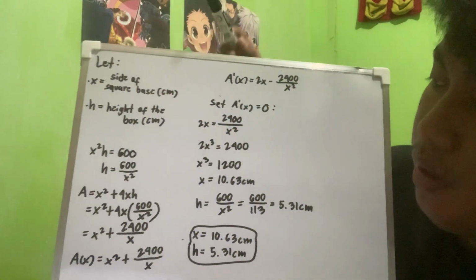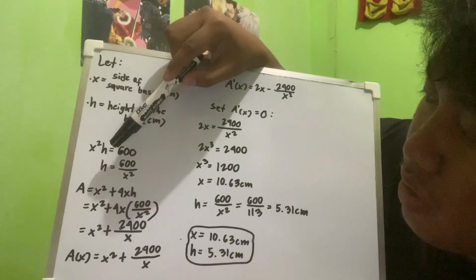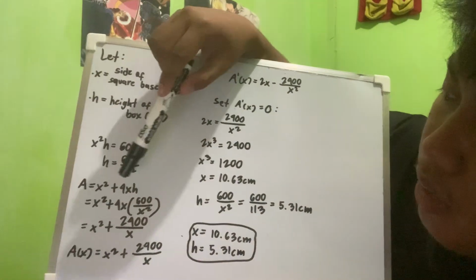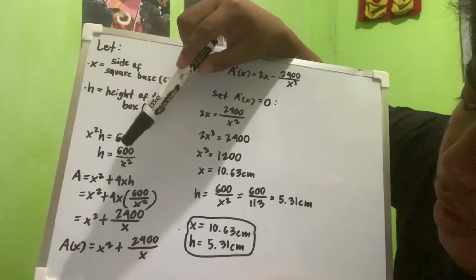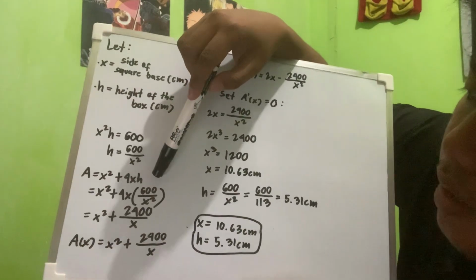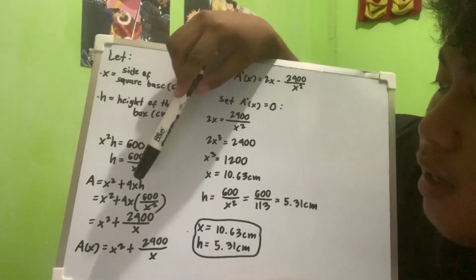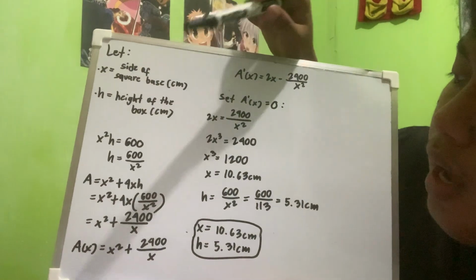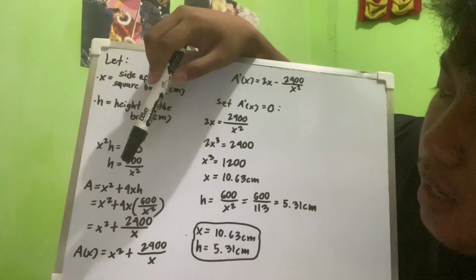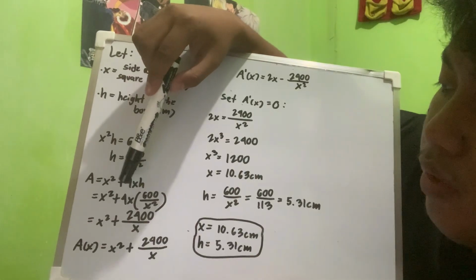So x squared plus 4x, and our h is 600 over x squared. So we multiply 4 times 600 equals 2,400, and we substitute the exponent of x. So it equals x squared plus 2,400 over x.